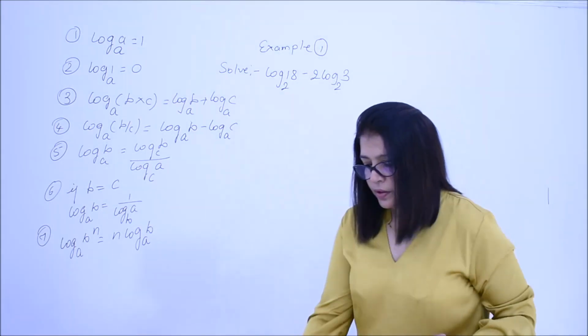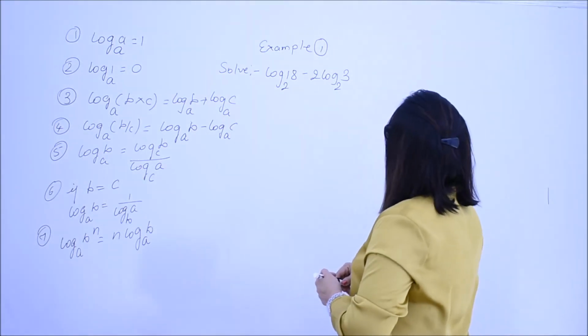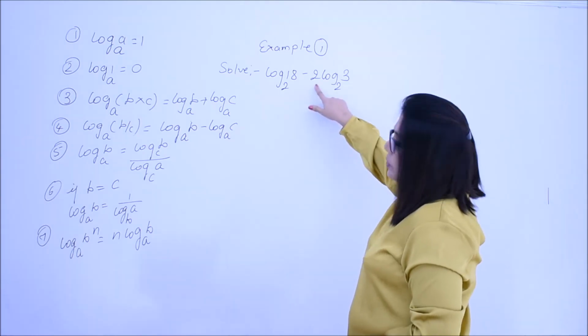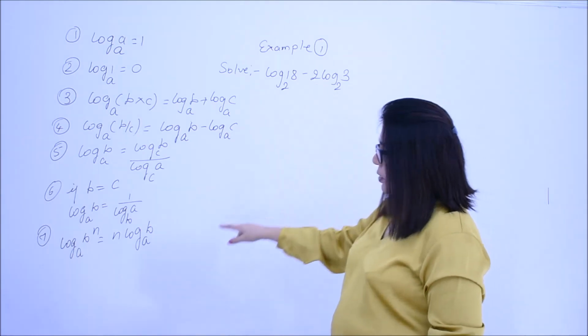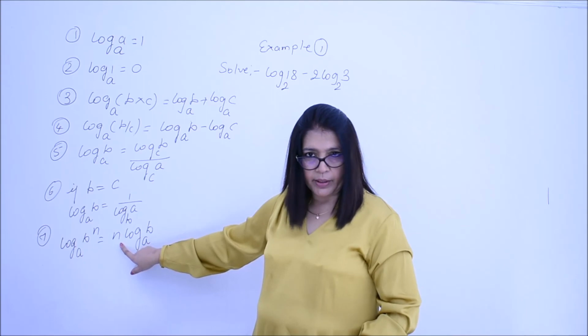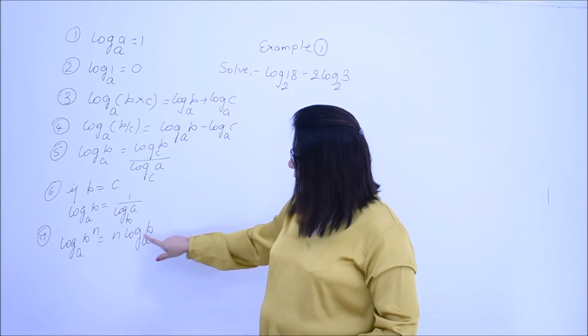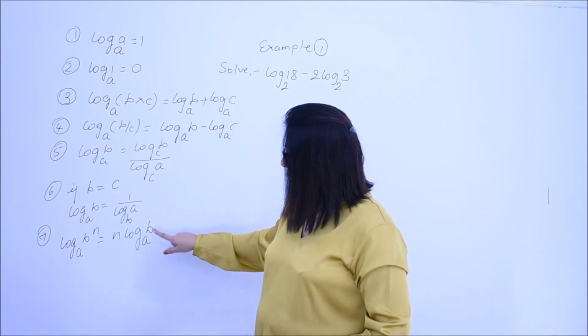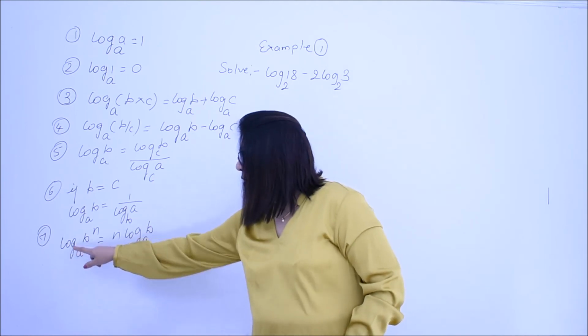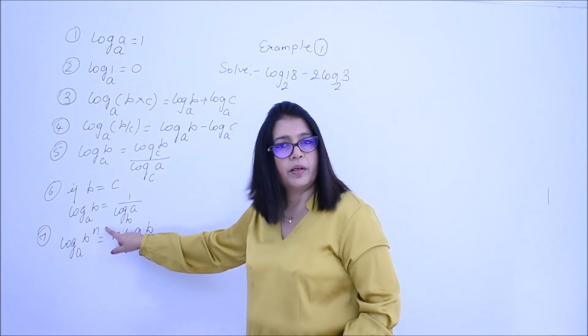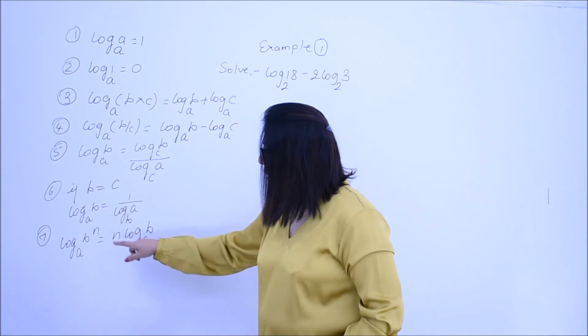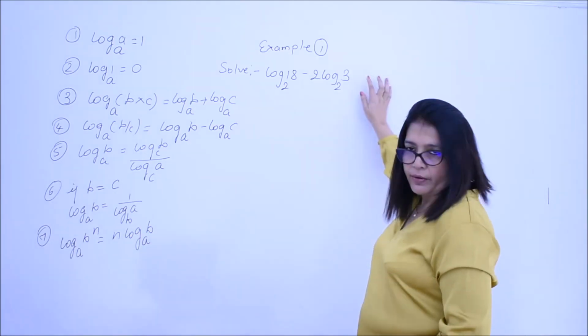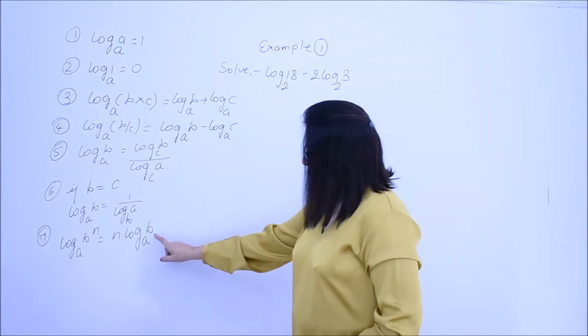Now observe here, I can see this 2 is a coefficient. Using this law, this coefficient can be raised as a power of this, because n log to the base a of b is equal to log base a of b to the power n. So I can write down this 2 as a power of 3 according to this law.